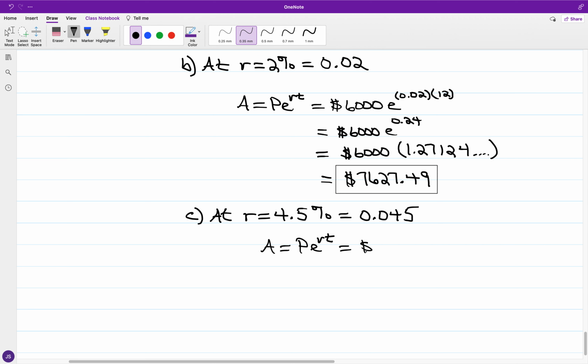So we have compounding of interest for 12 years at 4.5% with a principal of $6,000, and we're looking at attaining the future value.